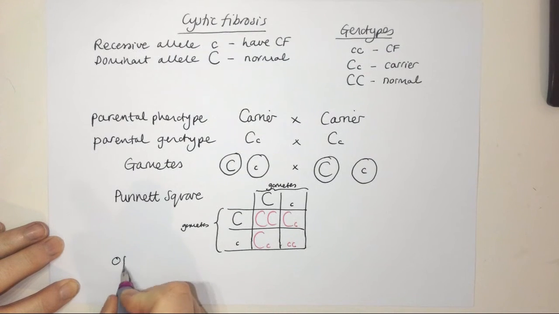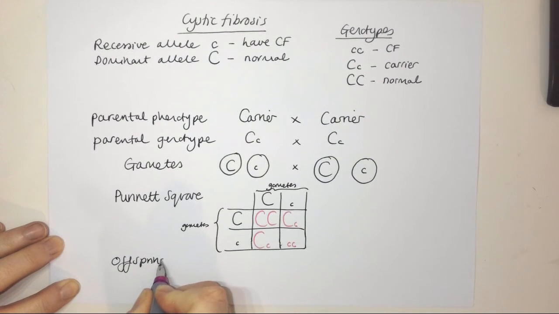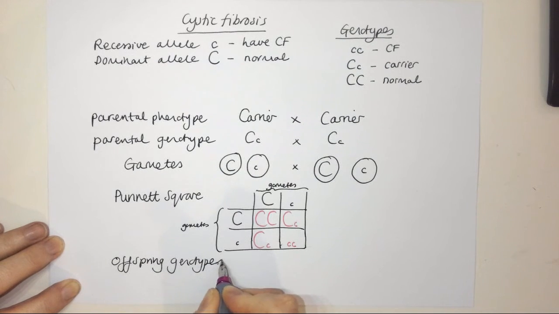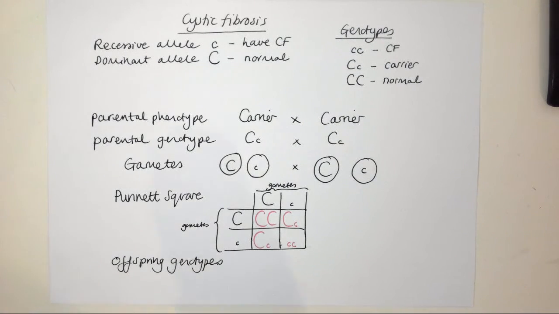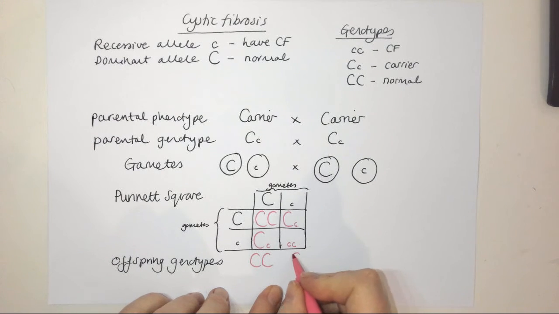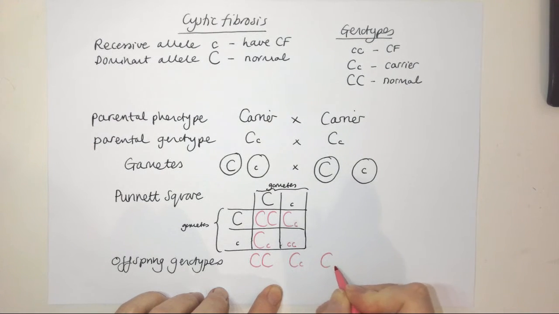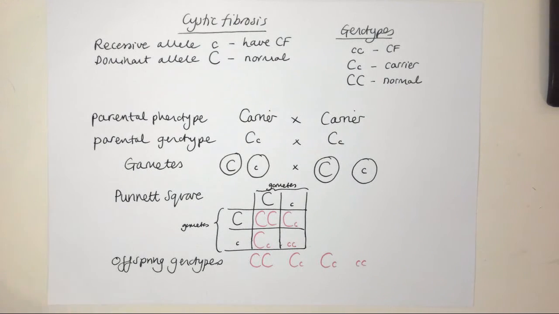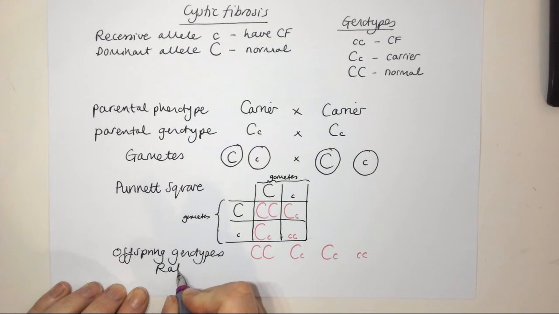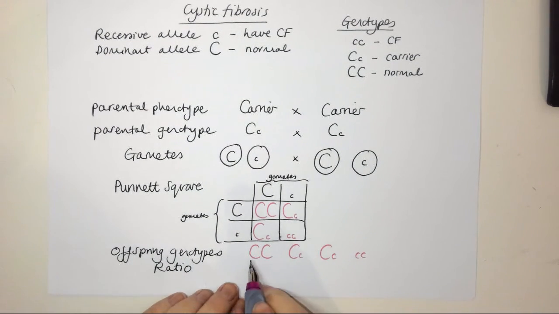Let's write those out. Offspring genotypes. If you write them out separately, we've got two big, a big and a small, a big and a small, and the littles. And here we can see that we've got our ratio. Capital, capital, capital.